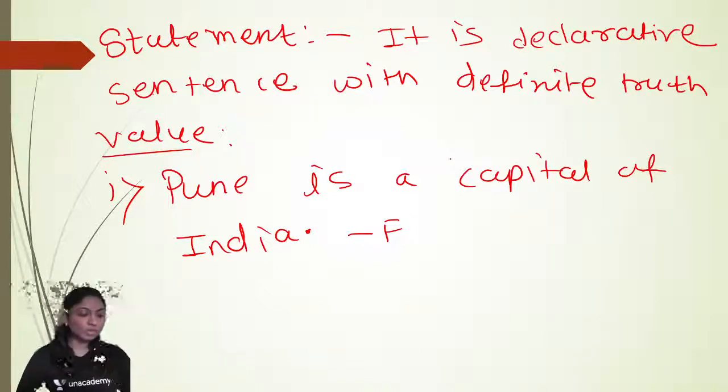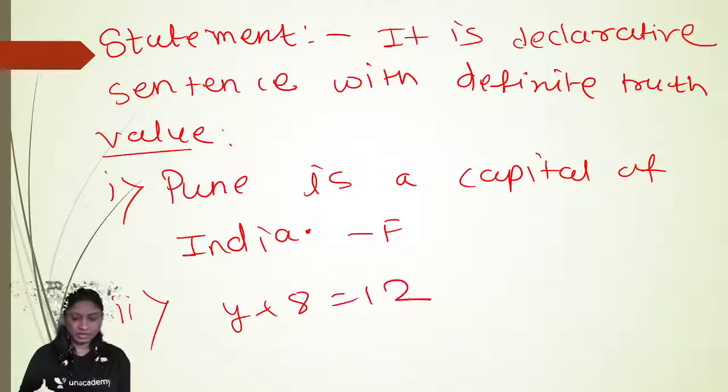Next, suppose we take y plus 8 is equal to 12. Is this a statement? No, this is not a statement because the truth value of this sentence depends upon the value of y.